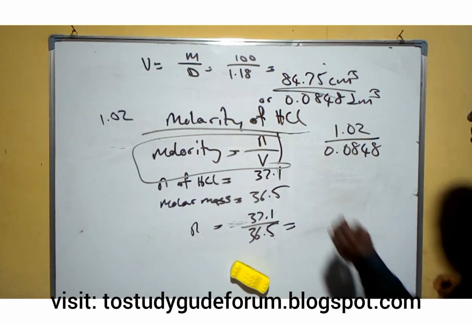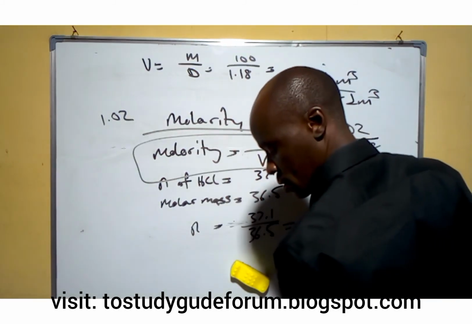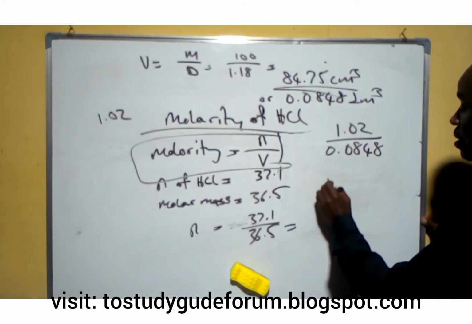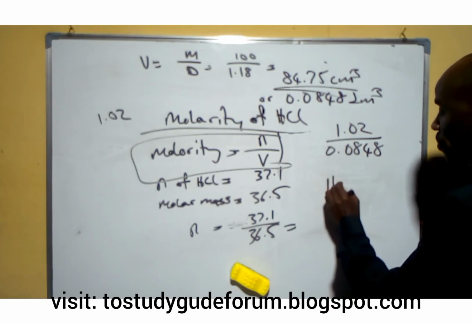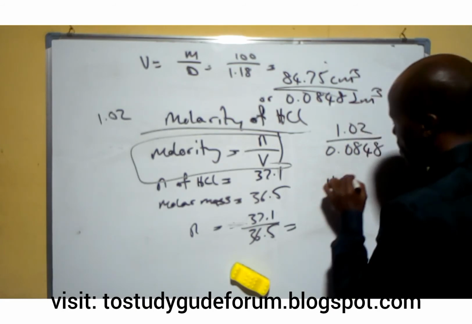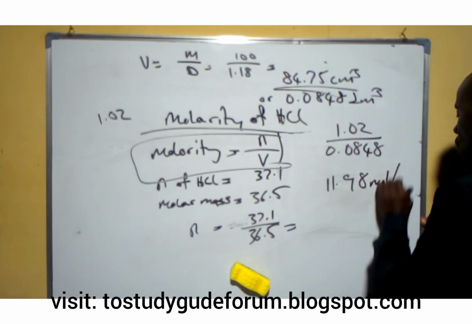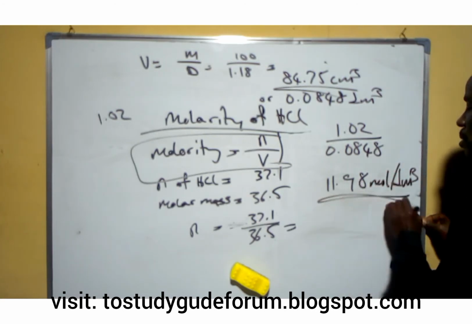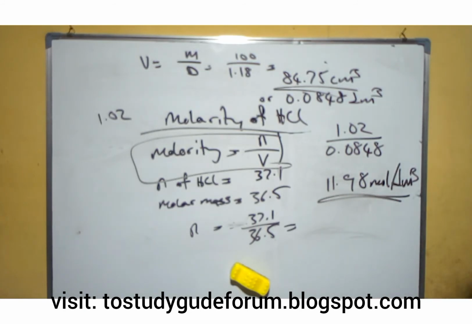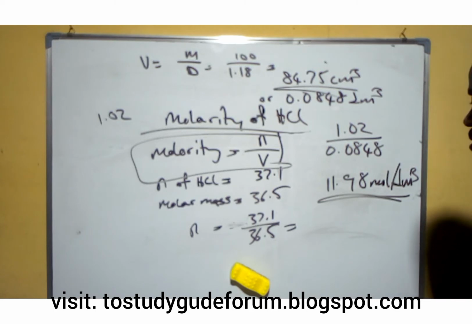When we divide it, we will have 11.98 mole per dm cube. That's for the molarity.